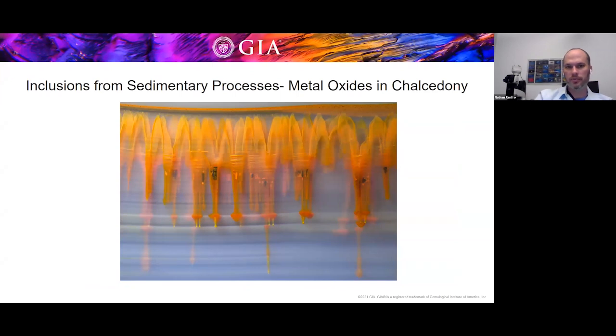We also see inclusions from sedimentary processes, which can also give us some information on the story of the gem. This is an agate from Brazil, and it has these metal oxides that have formed these drip-like structures. Since we know that it's a chalcedony or an agate, and we know that those form in a sedimentary process, one of the rules for depositing sedimentary rocks is the rule of horizontal deposition.